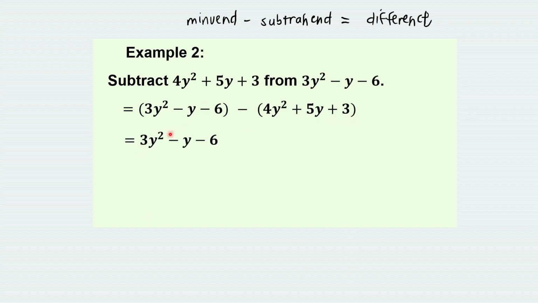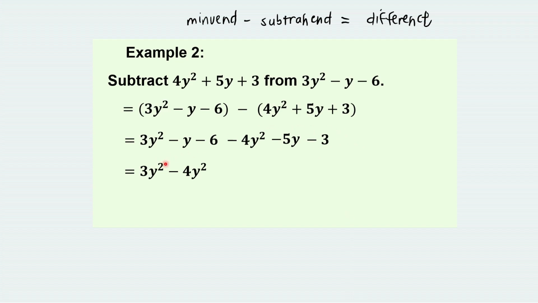And then what's next is we distribute this minus sign, or negative sign, to each term of your subtrahend. Thus, its signs will change to its opposite sign. So negative times positive 4y squared, we will have negative 4y squared. Next, negative times positive 5y, we will have negative 5y. And then negative times positive 3, that will be negative 3.